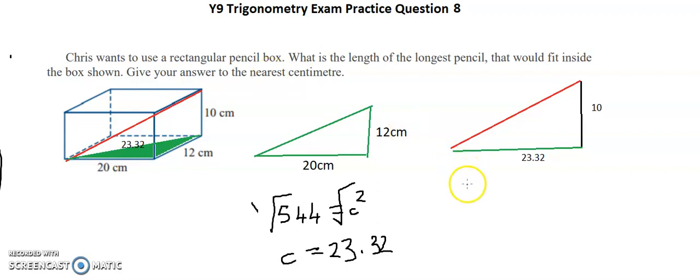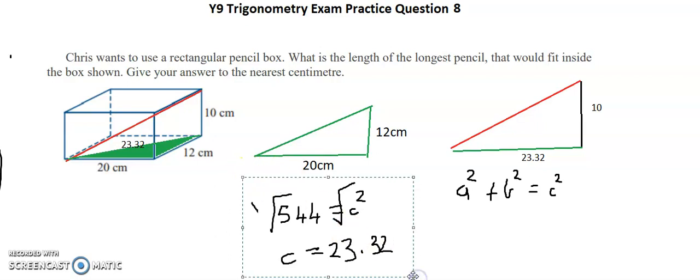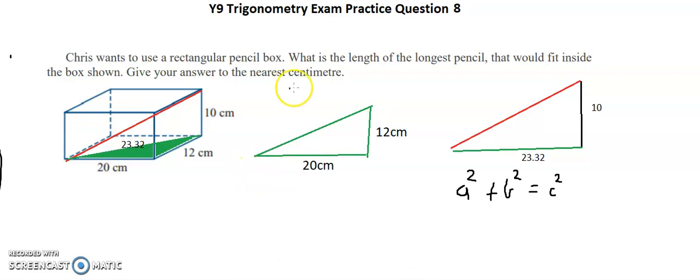So I've got a squared plus b squared is equal to c squared. The next thing I need to do is substitute all of the values in. So a squared is 23.32 squared, b is 10 squared, and it is equal to c squared.